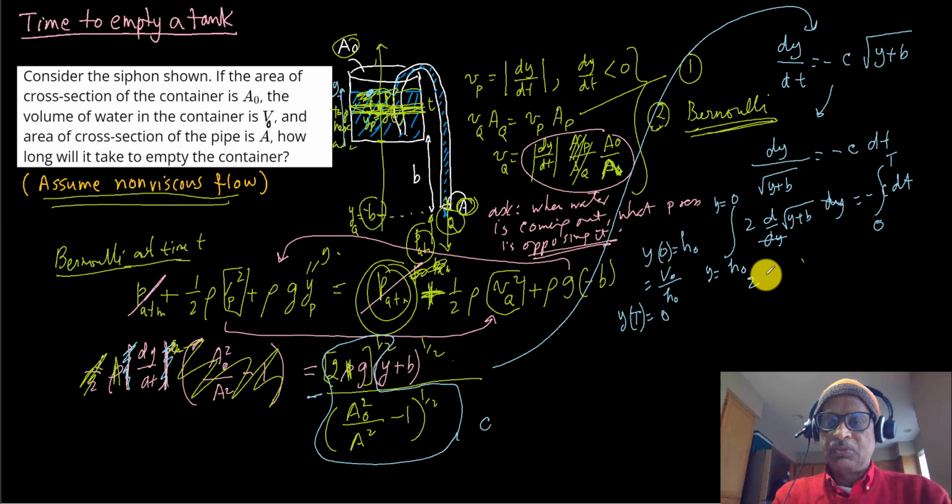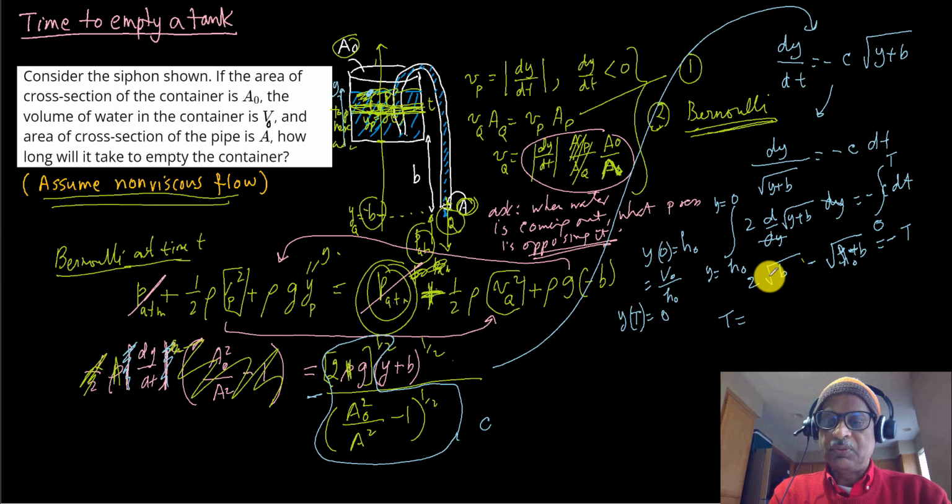And so this is 2 times the square root of B minus the square root of h0 plus B equals minus C t.